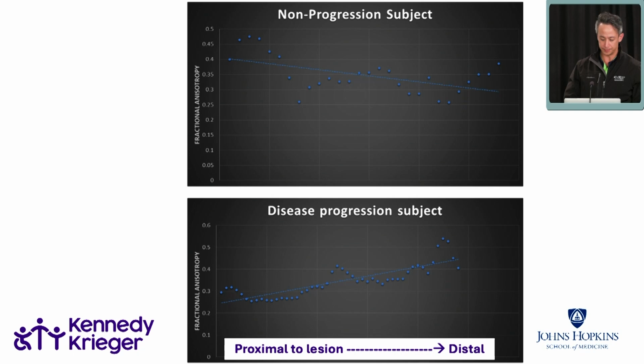We noticed that in patients who had lesions that remained stable, their fractional anisotropy close to the lesion was high. And that tends to happen if you have a cerebral scar. There's not a lot of movement of water. There's a high degree of scarring and organization. It tends to drive your FA value up. And then as you go distal, it sort of normalizes because you're in normal appearing white matter. So you get this negative slope.